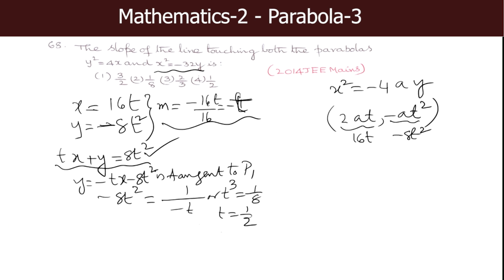So, t cubed is 1 by 8. So, slope is minus t, which is minus 1 by 2.